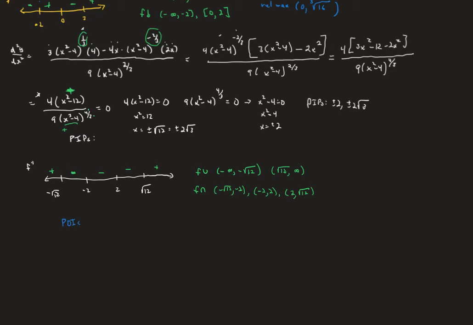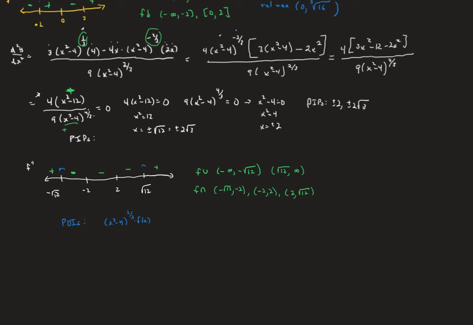So our inflection points are going to come from where the second derivative changed sign, and that's going to be at positive and negative square root of 12. Remember our original function, we had x squared minus 4 to the 2/3.